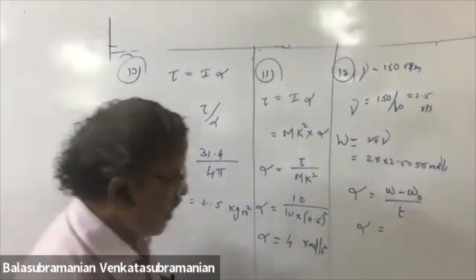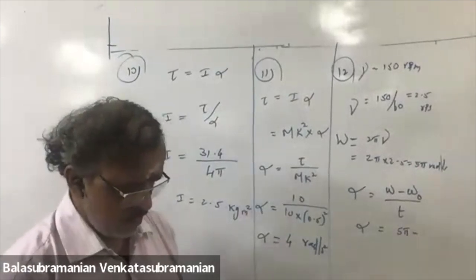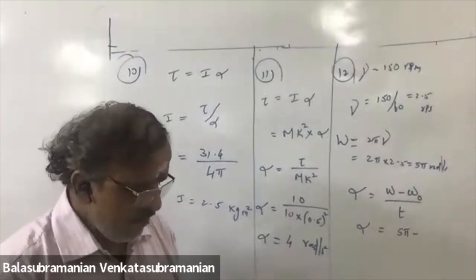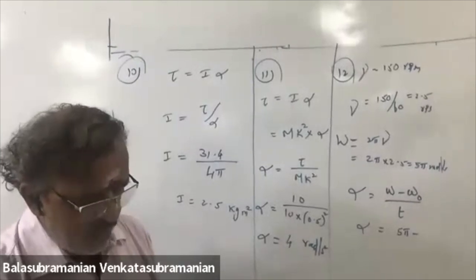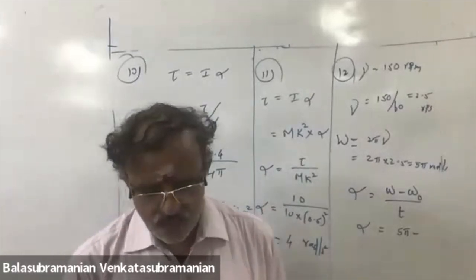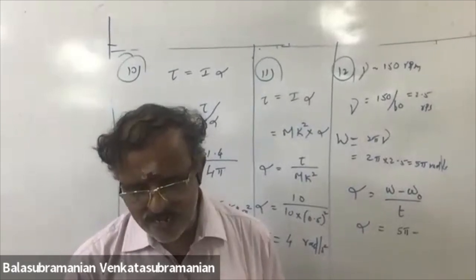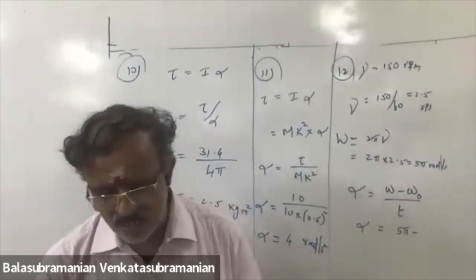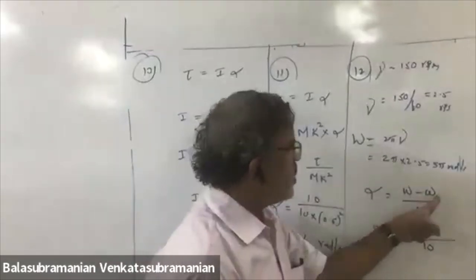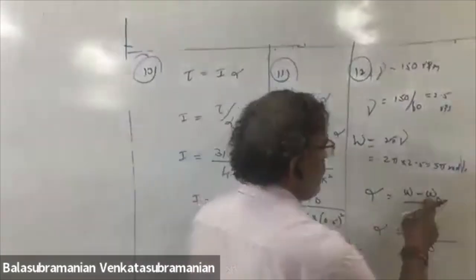What is omega? 5 pi minus omega naught. The question says starting from rest, so omega naught is 0.